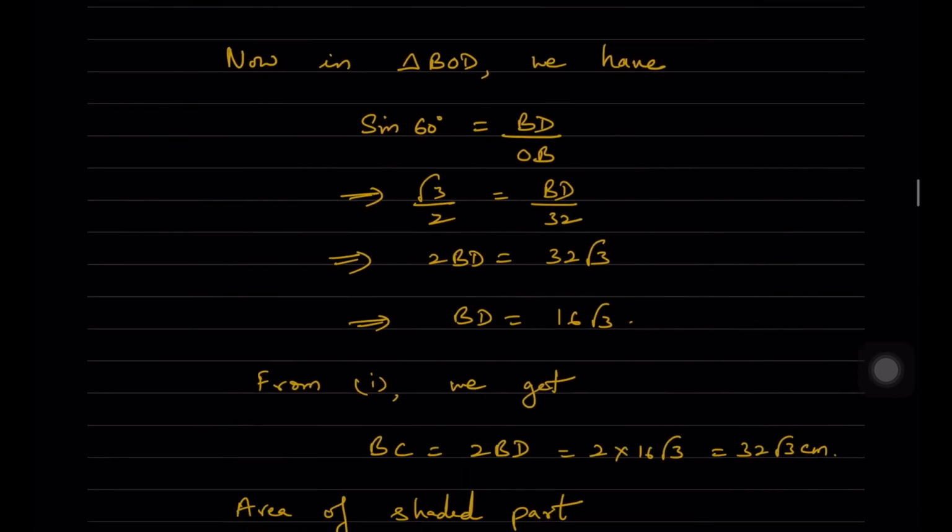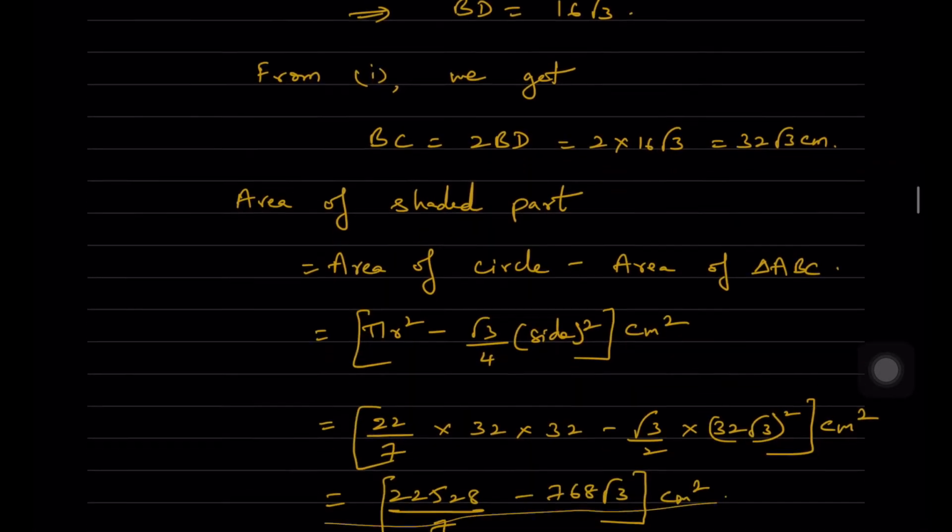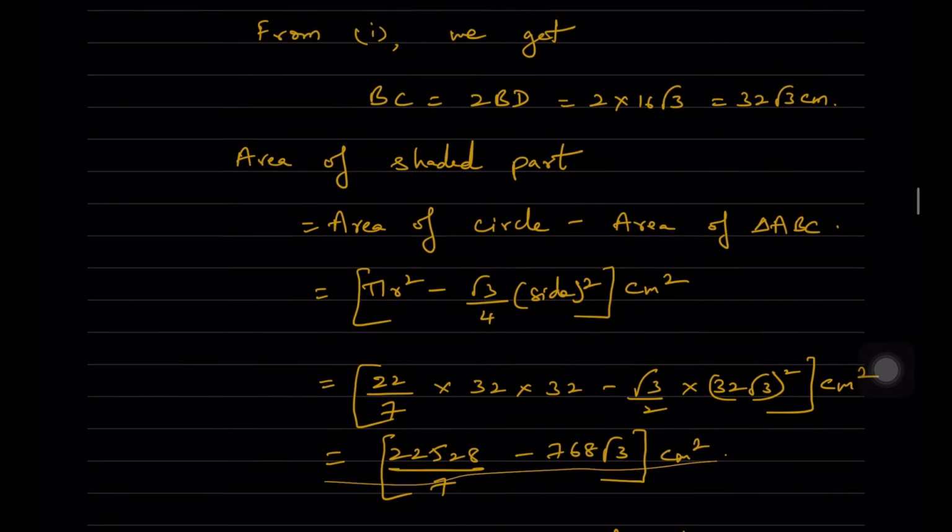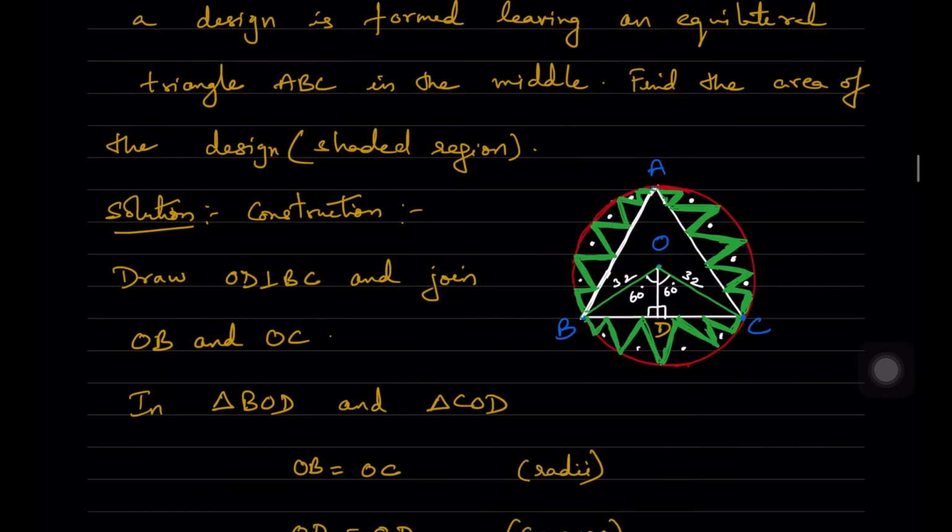So now we will find out the area of the shaded part, which is equal to the area of the circle minus the area of the triangle ABC. Triangle ABC is an equilateral triangle, which implies pi r square minus root 3 by 4 side square.